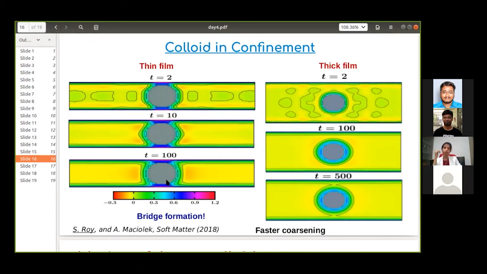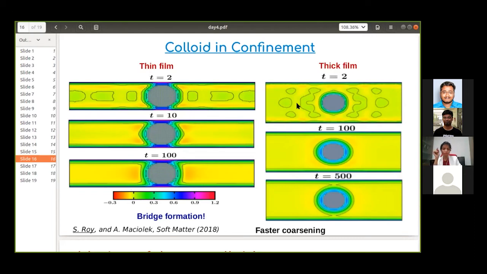Okay. Now, if you compare this situation to the case of a thick film, which is shown here on the right-hand panel, the basic mechanism is the same, right? So here also you have layers which are forming on top of the colloidal particle, layers which are forming on top of the glass slabs, and then you have spinodal-like decomposition going on in the intermediate fluid.